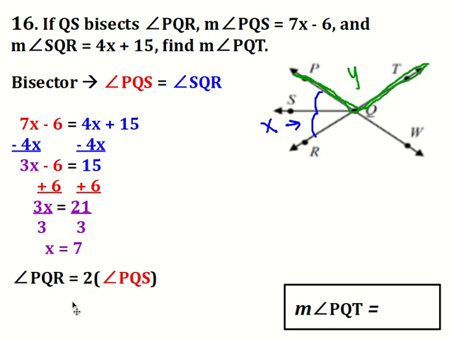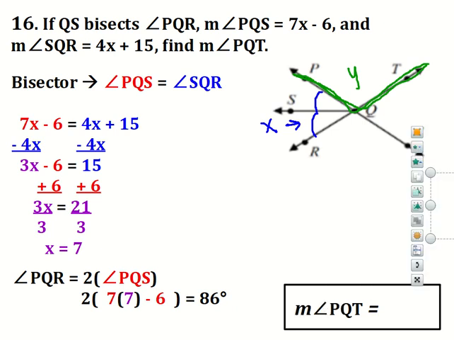So the next thing I want to do is PQR, this whole angle here, the one that makes a linear pair with PQT, is 2 times the measure of PQS. So I'm going to plug in that 7 into PQS. PQS was 7x minus 6.